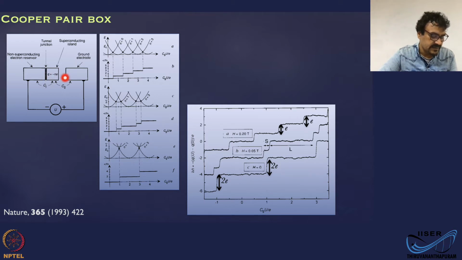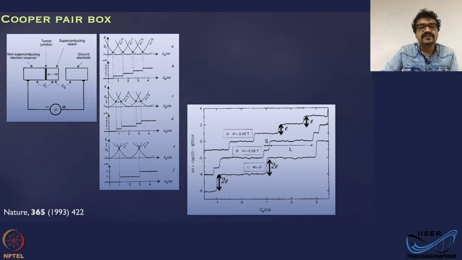and there is another electrode, which is going to work as a capacitor. Now remember, the Cooper pair has charge 2e, not 1e.